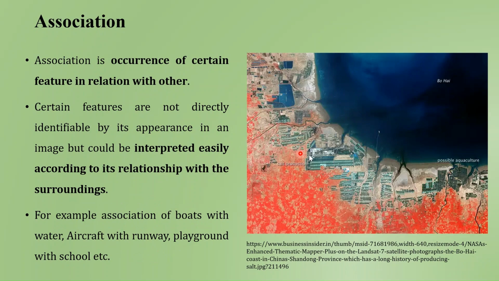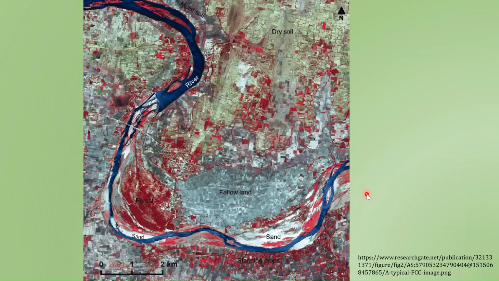Here we have this cyan color in the FCC. This cyan color may be a settlement or it may be a barren area, but as this is near the ocean, there is a possibility that these may be salt pans where we fill the saline water for evaporation for salt formation.